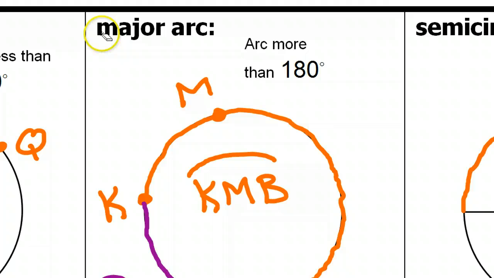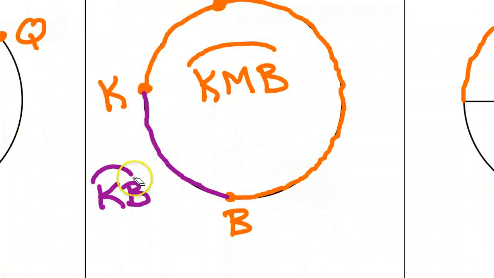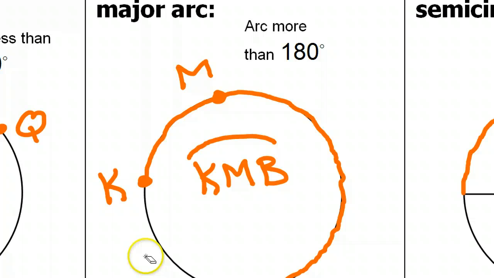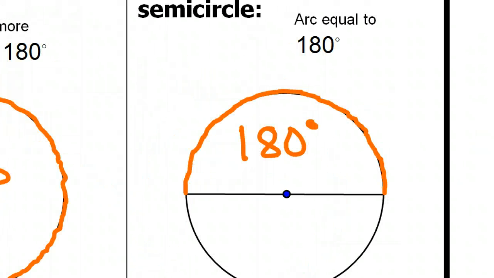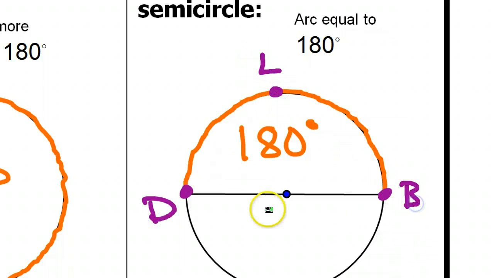Now, since this is the square for major arcs, I'm going to erase this one. This is a major arc. And we already talked about a semicircle. A semicircle also needs a 3-letter designation. So let's say this is D, and this is L, and this is B. So I could name this semicircle arc DLB.